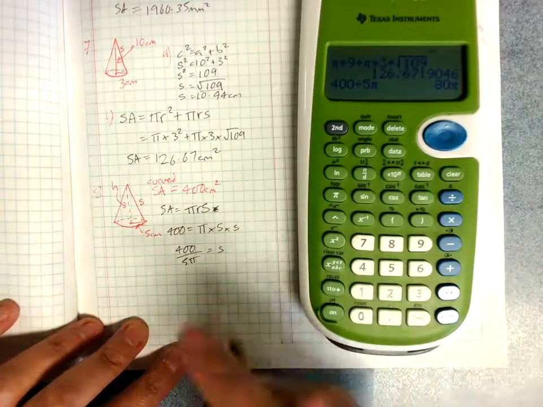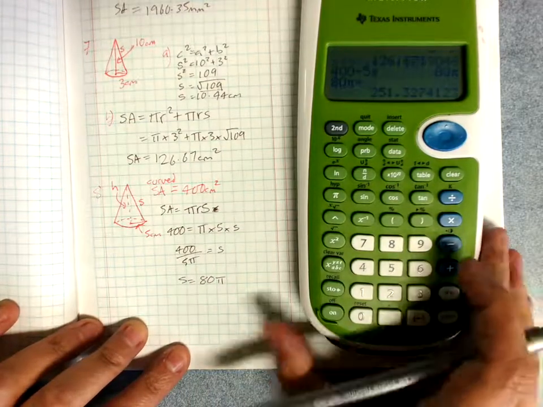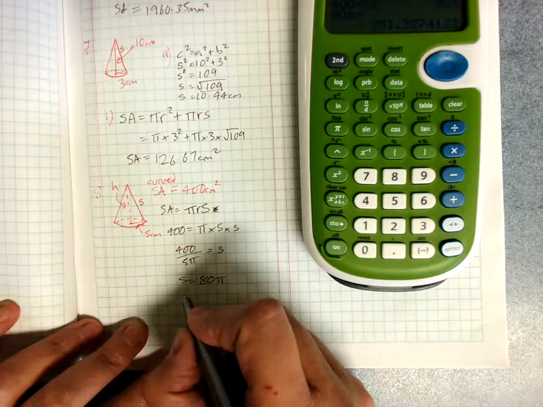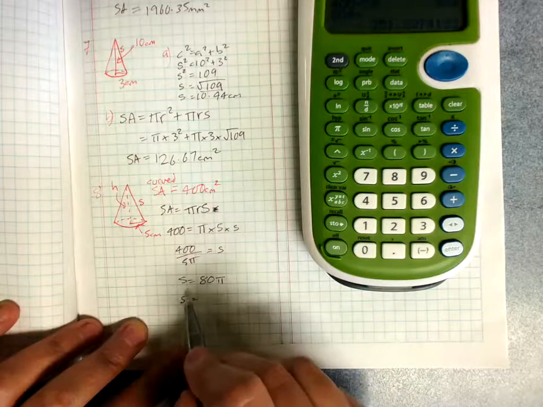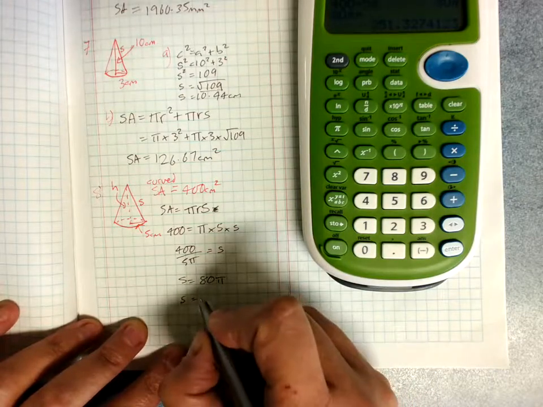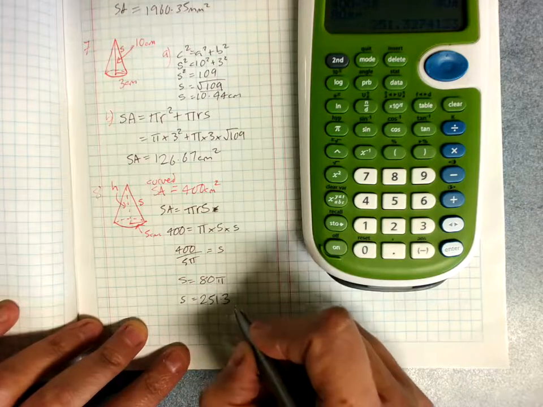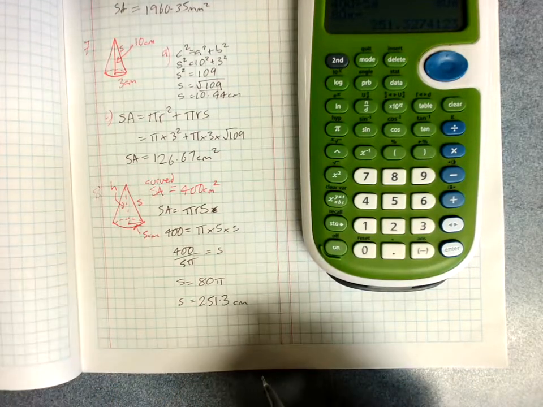Which is 80 over pi, obviously. Sorry about that. And they would like that to 1 decimal place. Sorry, my equal signs really should be aligned here. I'm being very lazy. 251.3 centimeters. That's the slant height, so that's just units of length.